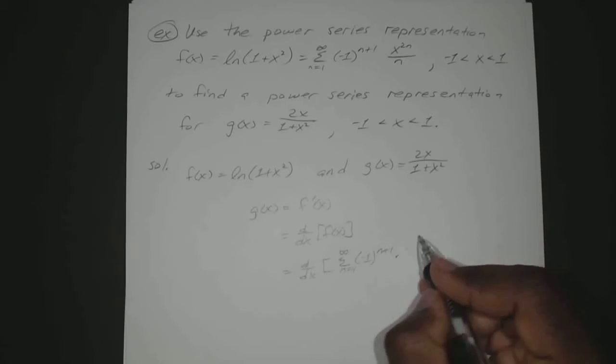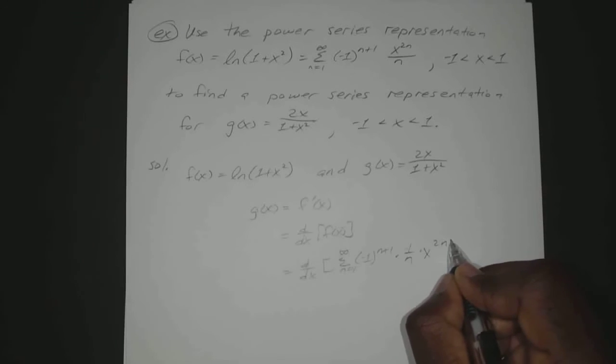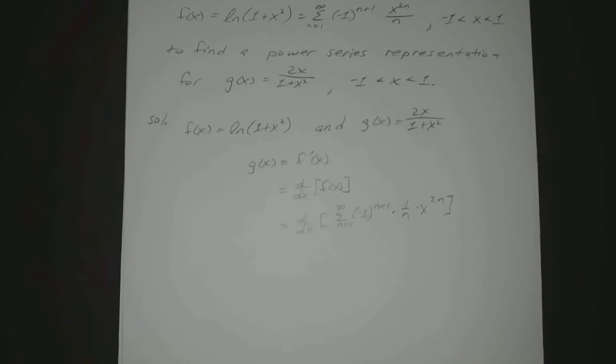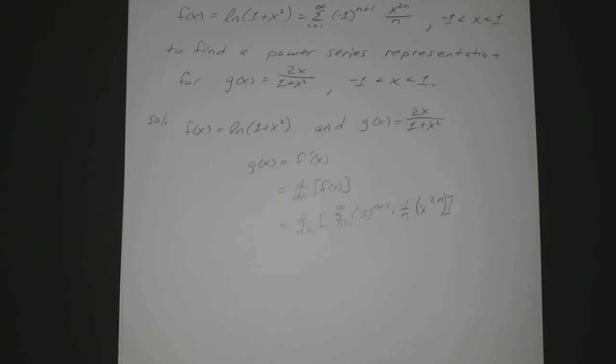And again, I'll just bring my 1 over n here times x to the 2n power. And I'll put that in parentheses just to separate it. And again, I only do that because this way when you bring down your 2n, the n's will cancel out.